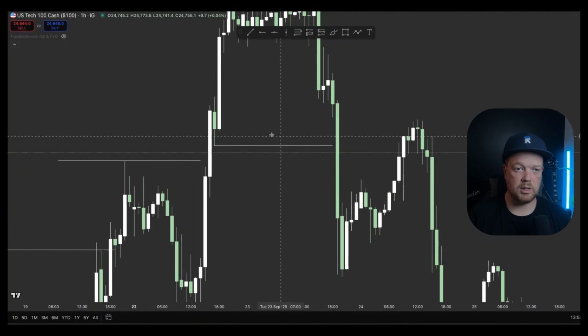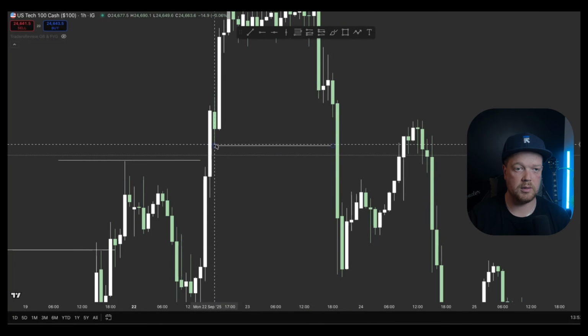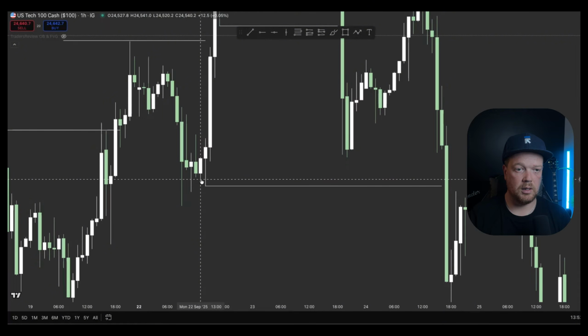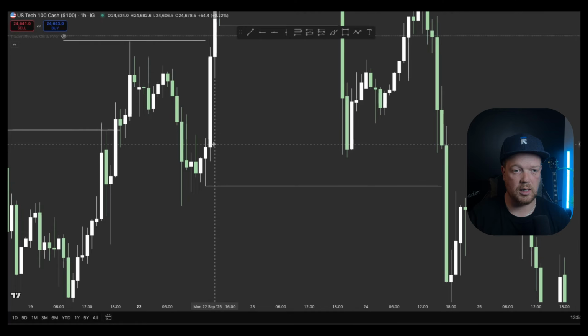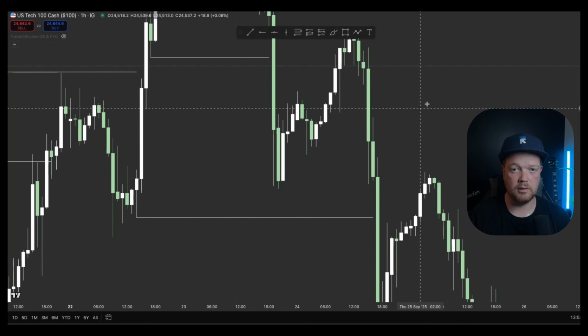Why? Because you can see we have a down candle and an up candle. The lowest point of this is right over here. And here we have the candle on the left is lower, candle on the right is higher. So this becomes the last low right over here.